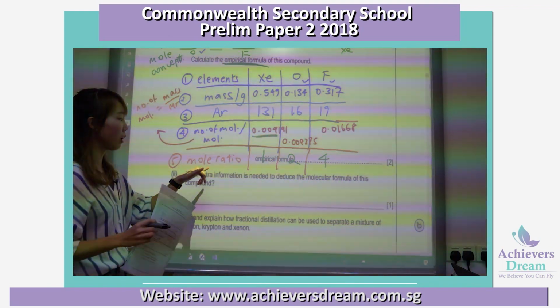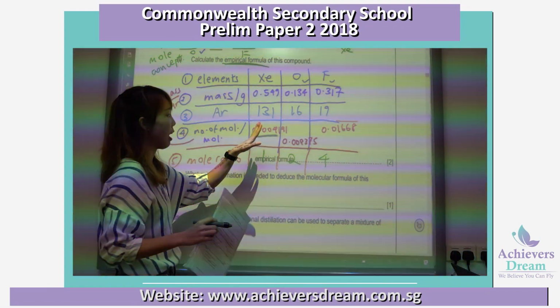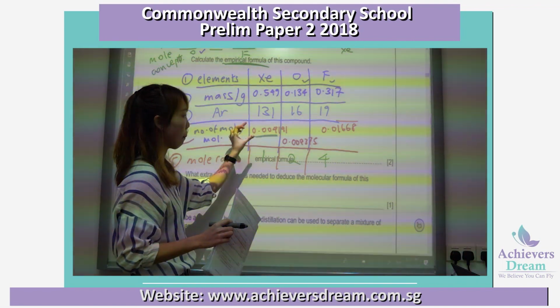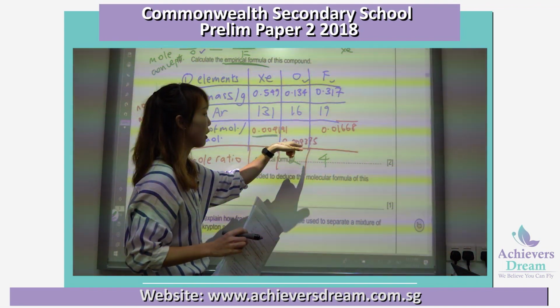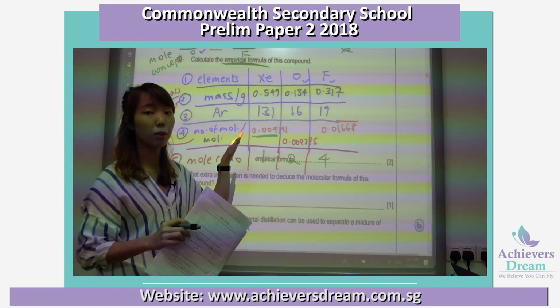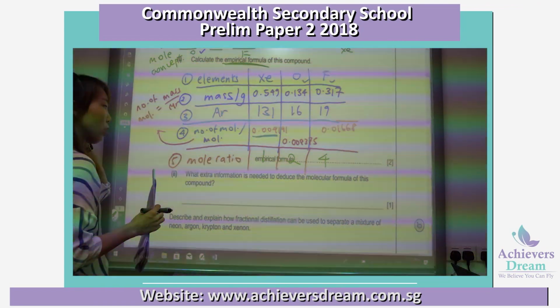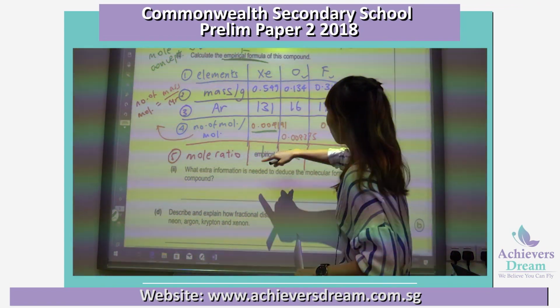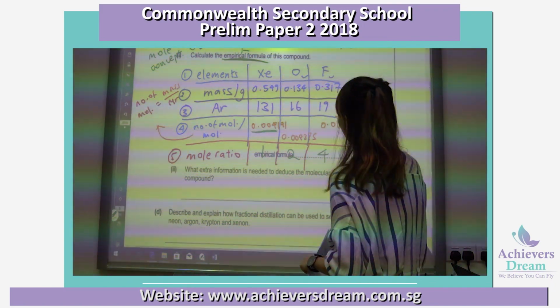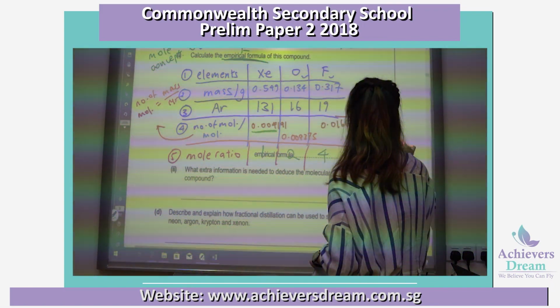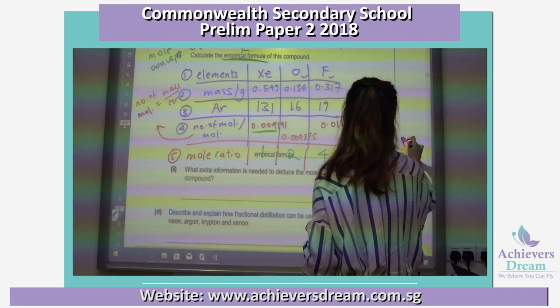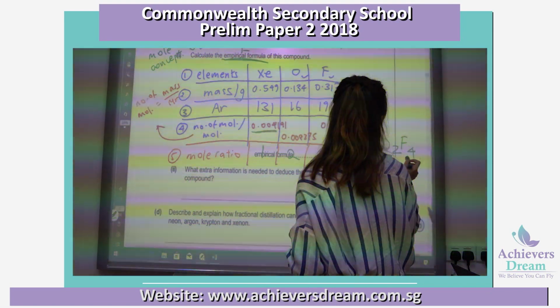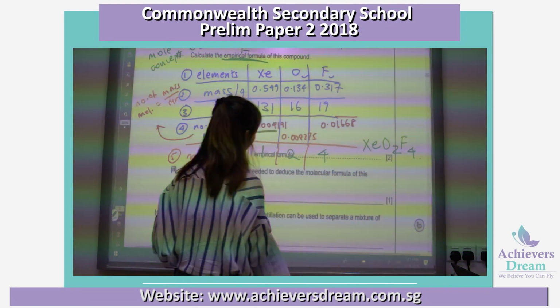So I find the smallest number, then the rest of the numbers I just divide by the smallest number to get the relative mole ratio. So my empirical formula will be, there's 1 Xe, so Xe, there's 2 oxygen, so O2, and 4 fluorine, so my empirical formula is XeO2F4.